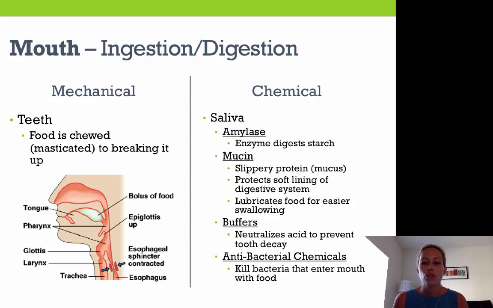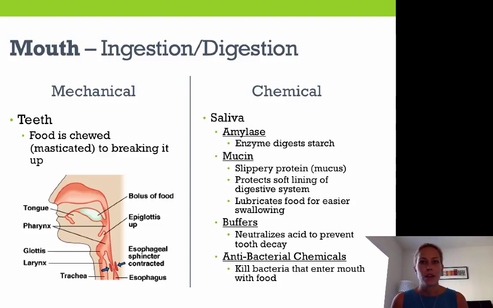We also produce mucin, which is just a slippery protein. That's your mucus. And it's designed to protect the soft lining of the digestive system, as well as lubricating our food in order to make it easier to swallow and continue down the digestive tract. There's also some natural buffers in our saliva in order to prevent any sort of tooth decay, so neutralizing any sort of acid.